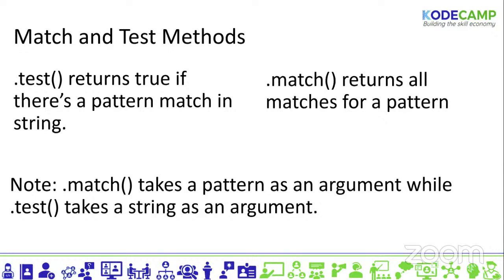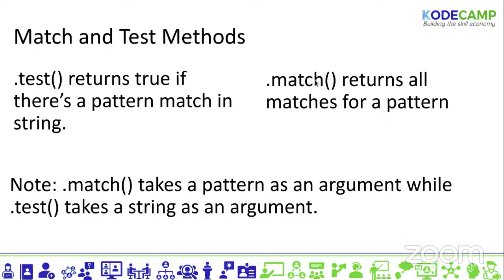So if I'm checking if there is hello inside a string, for example, no matter how many times that hello occurs in that string, as far as that hello occurs at least once in that string, test will return true. So to tell me that yes, it's true that there's a string that matches that pattern I'm searching for, and it will return false if there is no pattern that matches what I'm looking for.